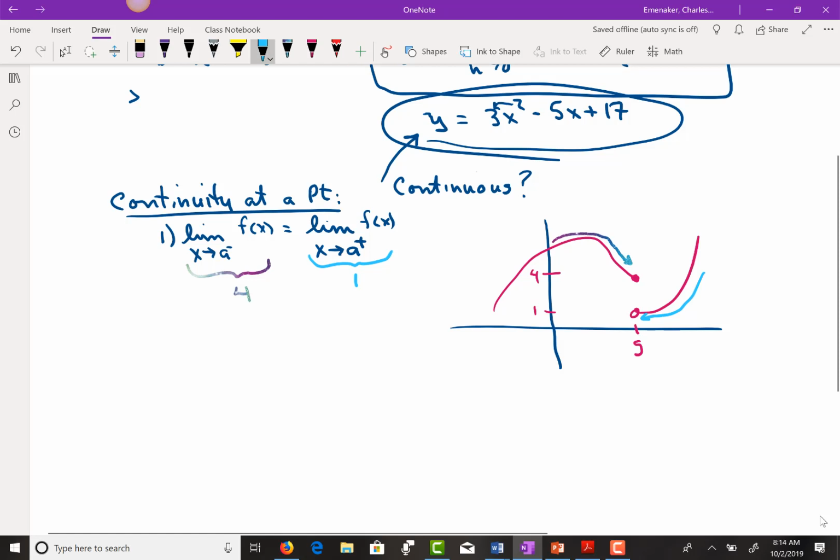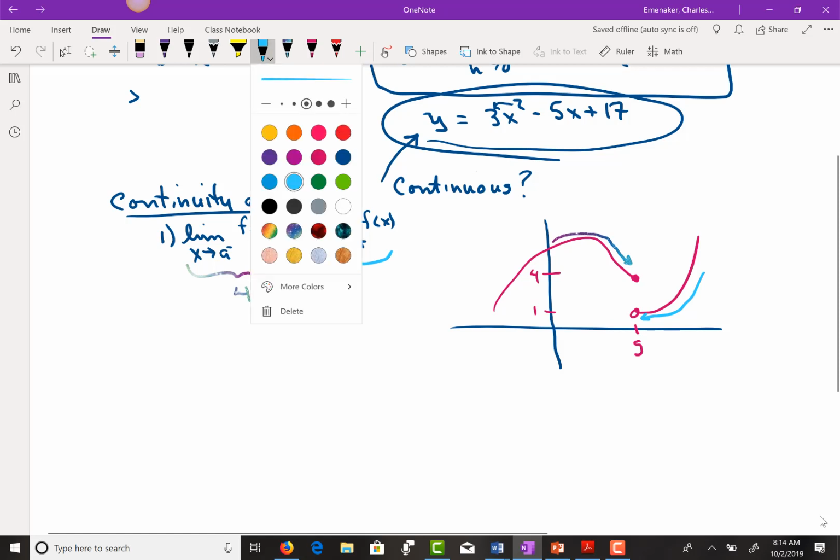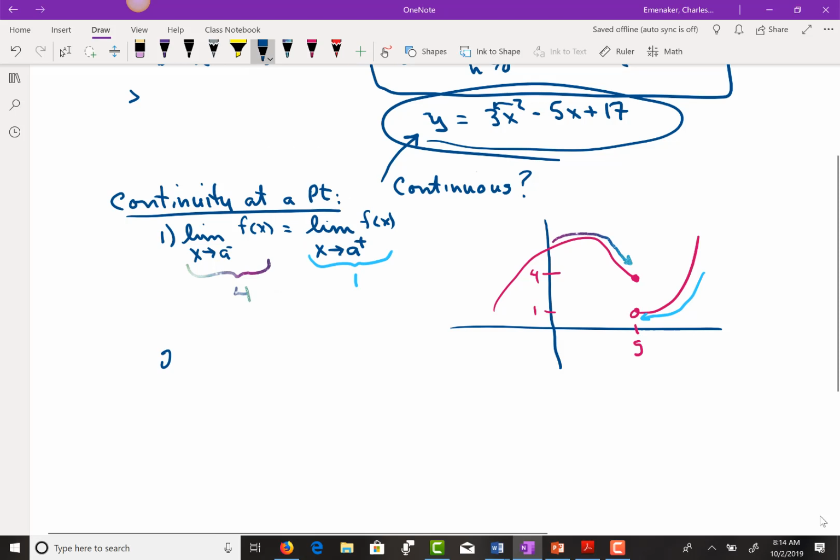Okay? Then the second part to this is that at x equals a, f of x equals f of a. You get to whatever that specific y value is.